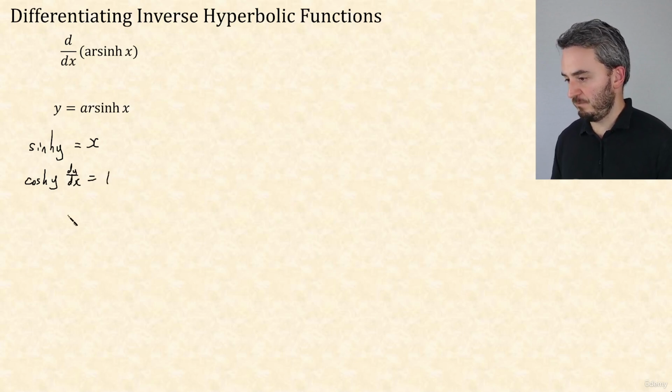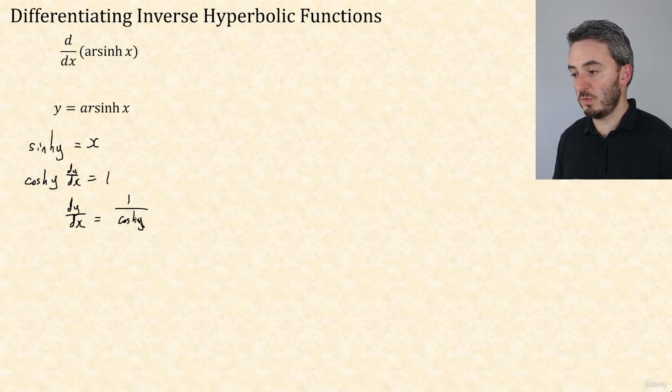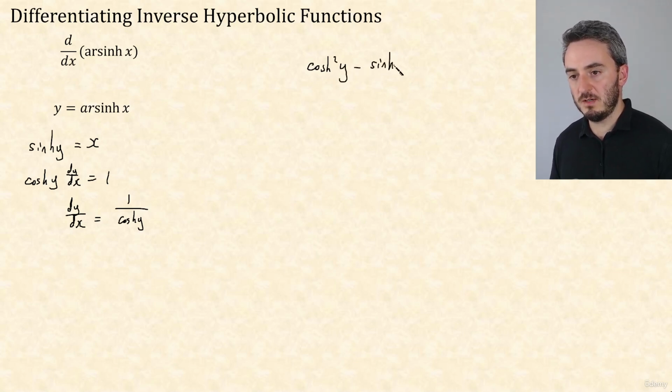And 1 over here. So dy by dx is 1 over cosh y. So the question is, what is cosh y in terms of sinh y? Because then we can convert back to x. So we know that cosh squared y minus sinh squared y is 1.